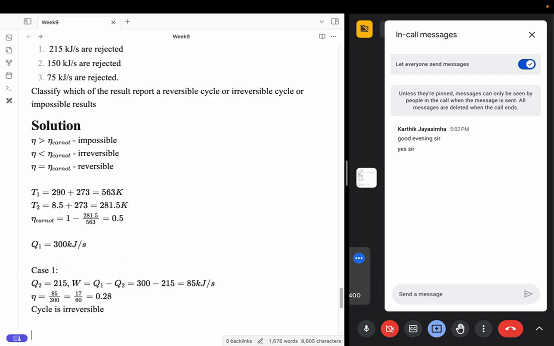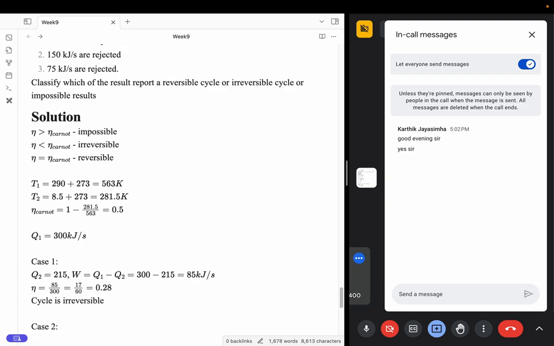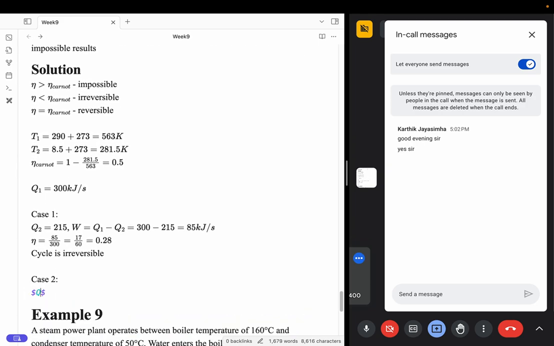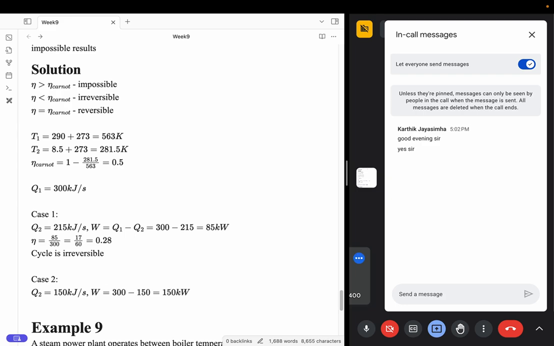Now case 2, Q2 is 150. So what is the W in that case? Okay, I should have used consistent units. So what is eta in this case? It is 150 by 300, so that is 50%.